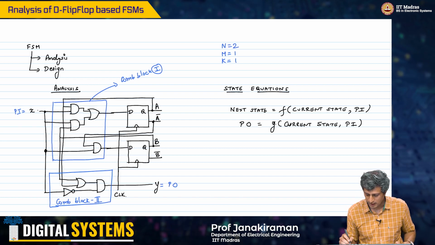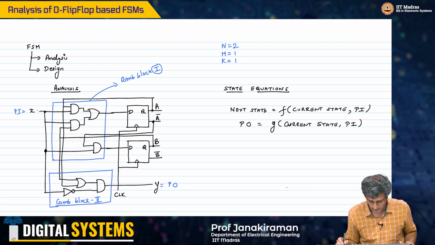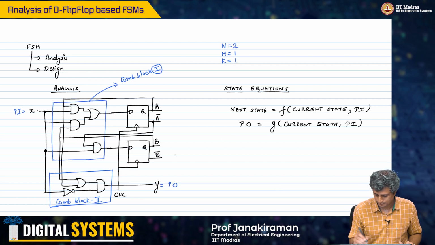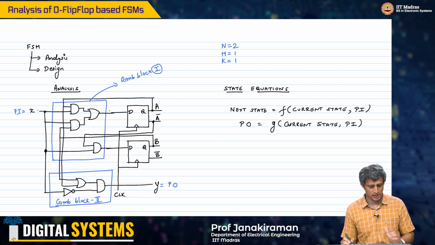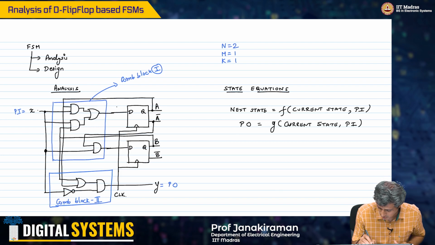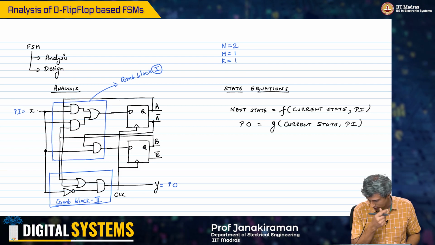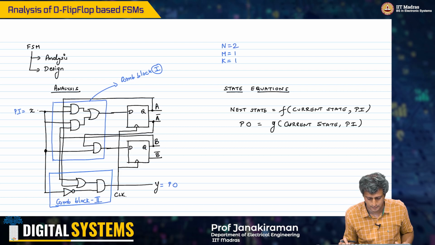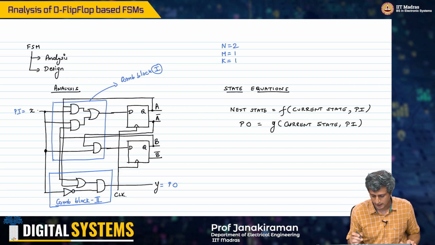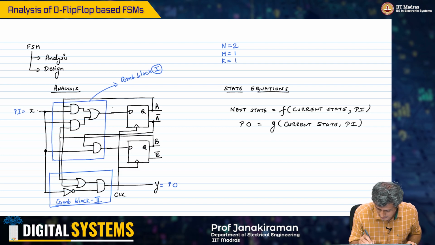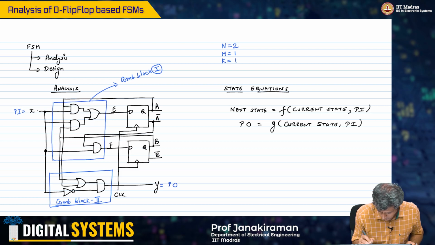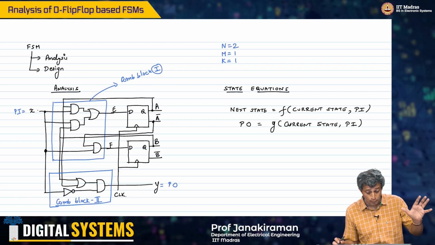So let us analyze combinational block 1. The output of the combinational block is actually going to these two things. So I'm going to call this D. I'll not put D1 and D2 because I'm using 1 and 2 to denote the sequence of clock edges, so I will call these E and F, the inputs to the flops.